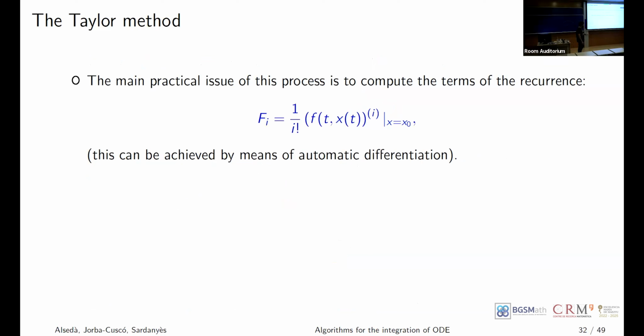So this thing here, which is the hard part in terms of coding, the thing you don't know how to do, is of course not done by hand. I guess many of you have thought about that. You don't do it by hand. It is not done with a computer using numerical differentiation, with the classical formulas for numerical differentiation, nor is it done using symbolic differentiation.